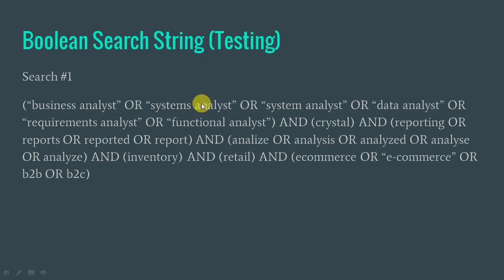With these titles, we want to add the word crystal, just crystal, because there might be other tools like Crystal Enterprise or Crystal Reports or Crystal something. But as long as it has the word crystal, I actually added it here under parentheses because I wanted the system to work on it as one of the priority terms.